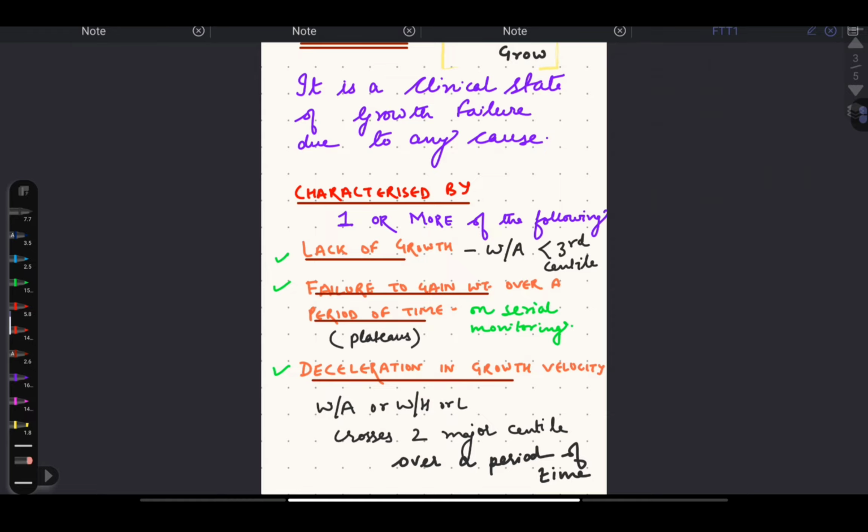So these definitions are only possible when we plot the weight in a growth chart. For better understanding, I'll first describe the growth in a schematic diagram, followed by the IAP combined and the WHO growth chart.